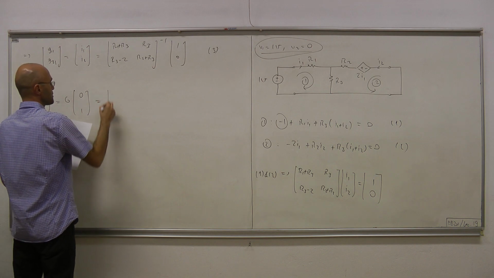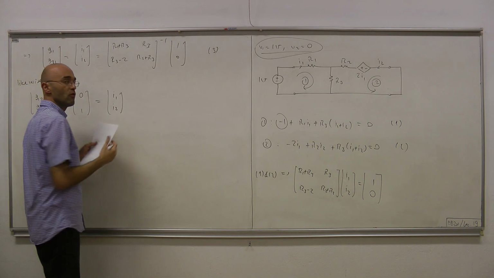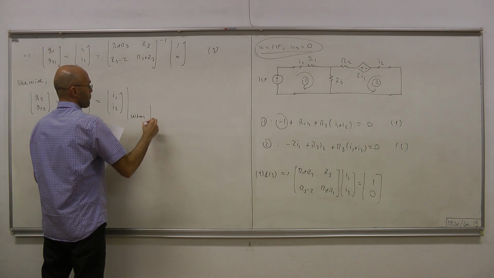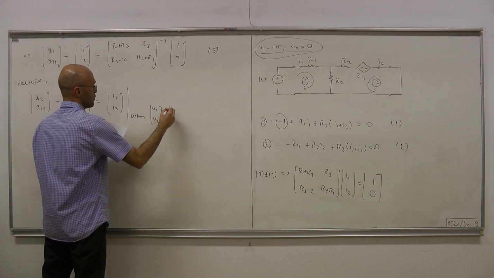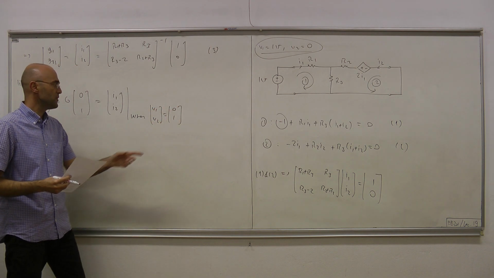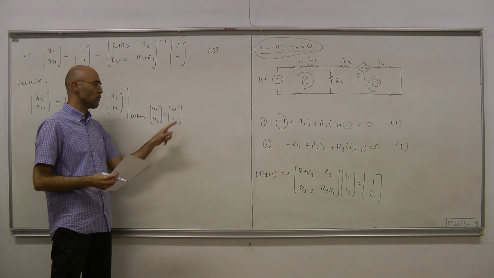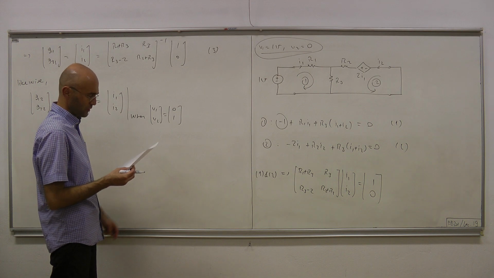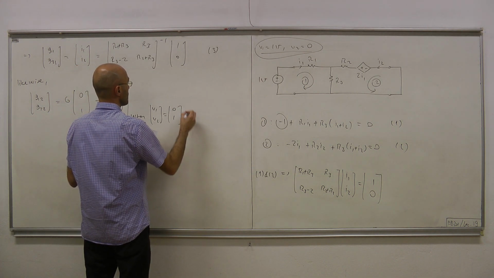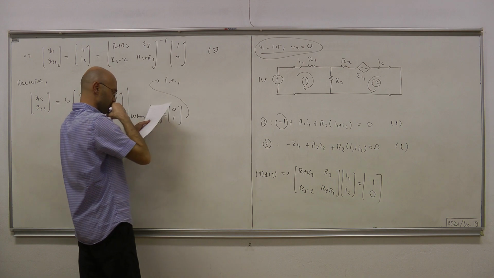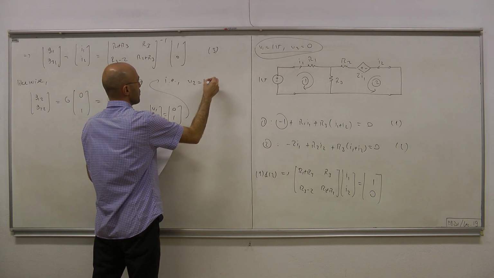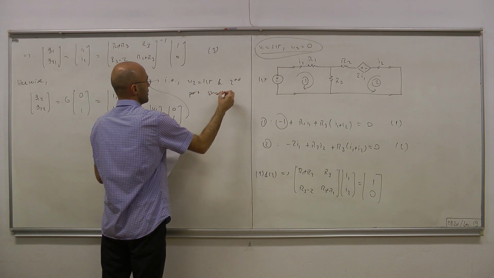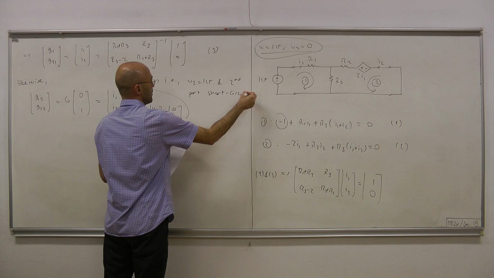So that's what you measure for the current under the condition V1, V2 equals 0, 1. That is, the first port is short-circuited, and from the second port we apply 1 volt. That is V2 equals 1 volt, and the first port is short-circuited.